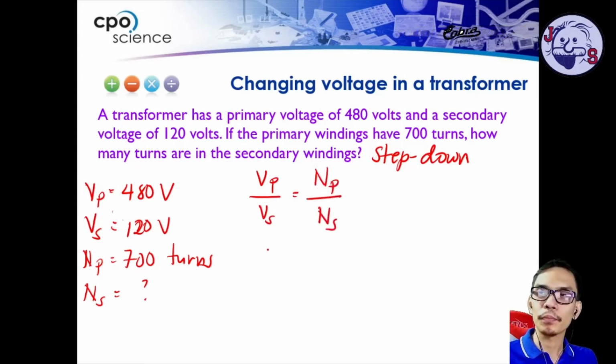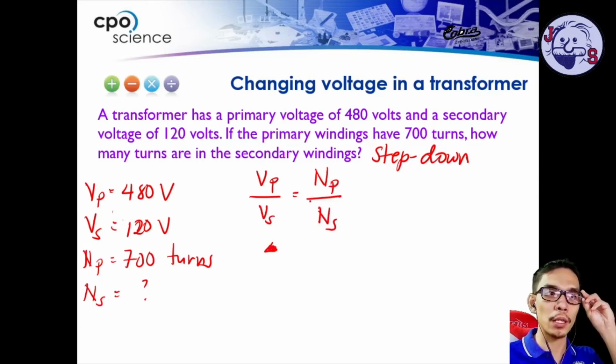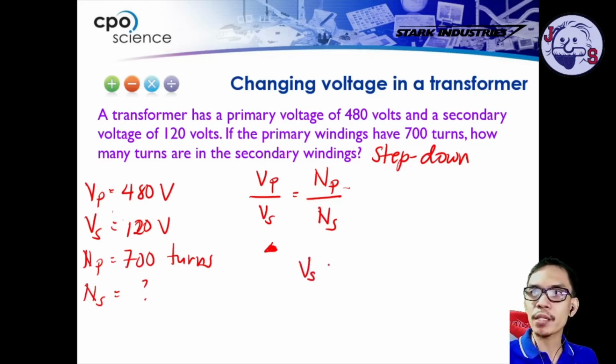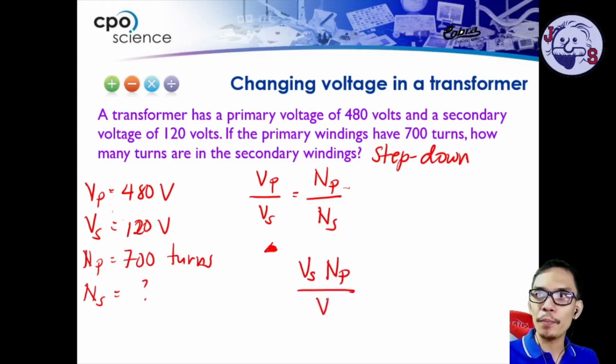The formula that we will use in this computation, since Ns is the one that is missing, is Ns equals Vs times Np over Vp. That's the formula you're going to use to find the secondary number of turns.